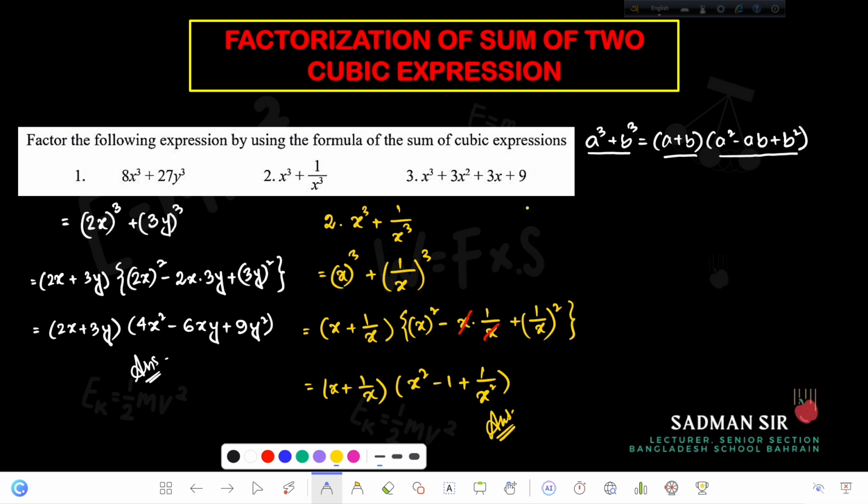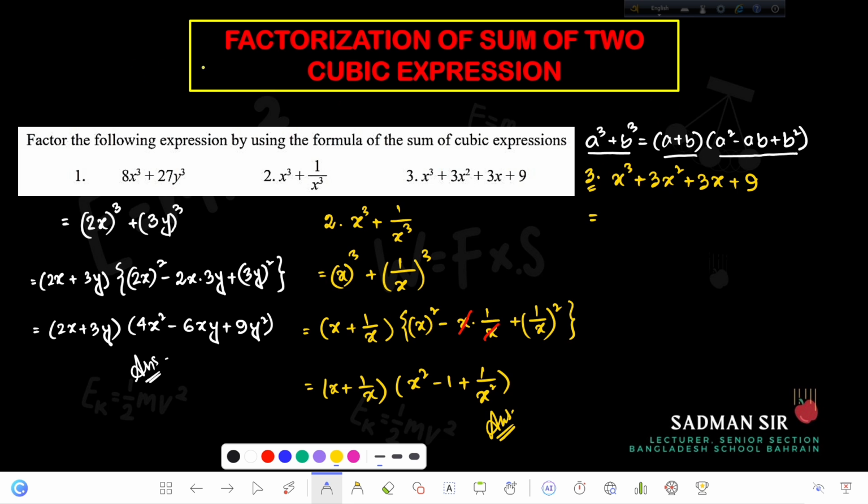Okay. Then the third one is a little bit different, and the process is kind of opposite. How? Let me show you. Number 3 says x cube plus 3x square plus 3x plus 9. Okay, now we can write this in the shape of a formula. I hope you are aware of that.